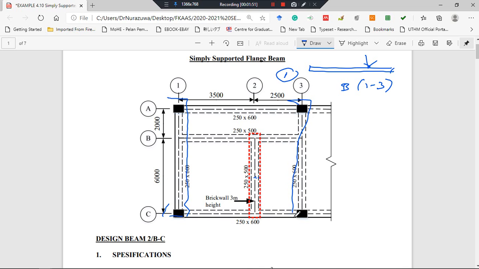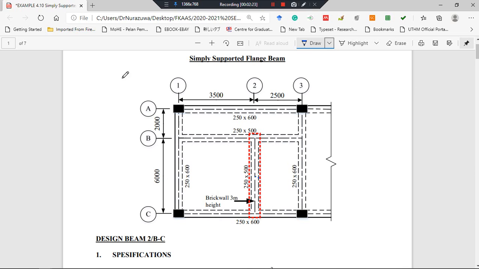This is a simply supported beam. So the reaction for this beam, if you calculate the reactions RA and also RB, this RB goes to this beam. This beam is acting as a point load.